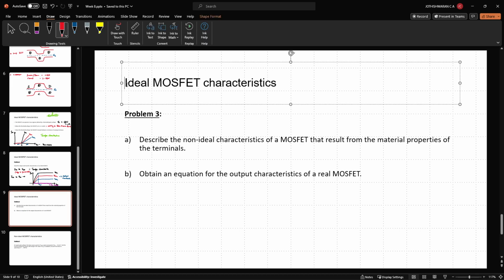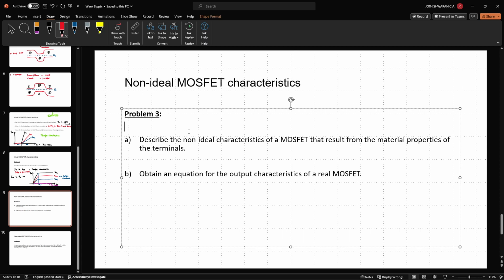Yes, I should have written non-ideal here also. So now we are coming to the final topic of today. Rather than quote the results, which are all present in the slides, I shall give an overview of how these characteristics arise, because the assignment again for this week contains a large number of theory questions and one numerical question.